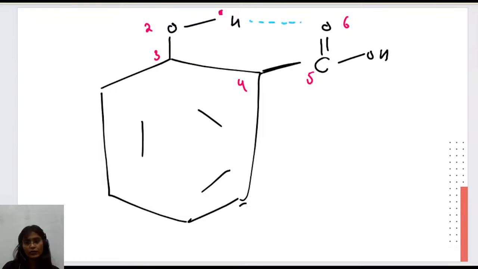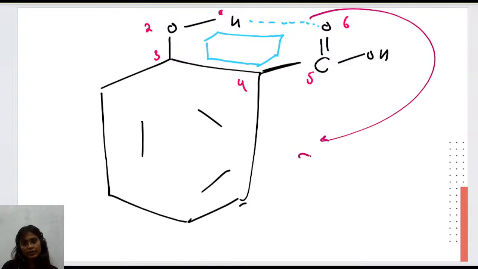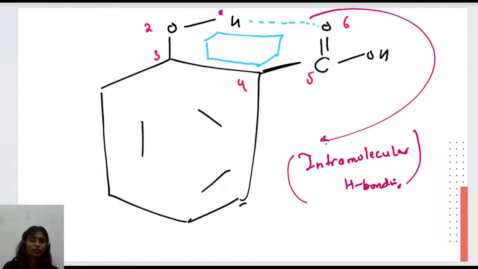So whenever there is a formation of a six-member ring like this in hydrogen bonding, it's one of the stable kinds of intramolecular hydrogen bonding, inside the molecule, like ortho-nitrophenol. Let me write it here in very small size. Again, recall that we just discussed ortho-nitrophenol.